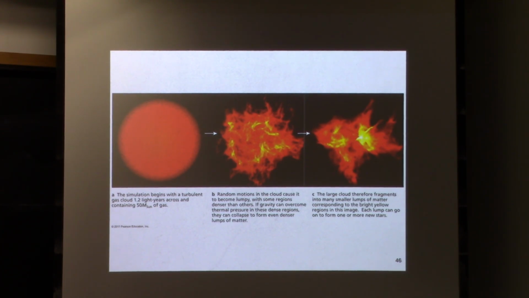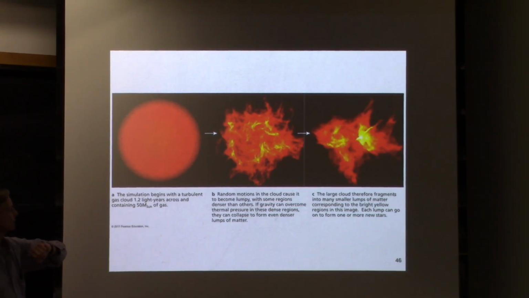But reality is more complicated than that, because there's turbulence within an interstellar cloud, and as a result, they tend to break apart when they're collapsing. So here we've got a turbulent gas cloud that starts out 1.2 light years across, containing 50 solar masses of gas. Random motions within the cloud, the turbulence, cause it to become lumpy, with some regions denser than others.